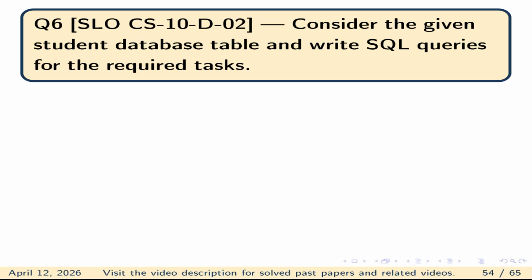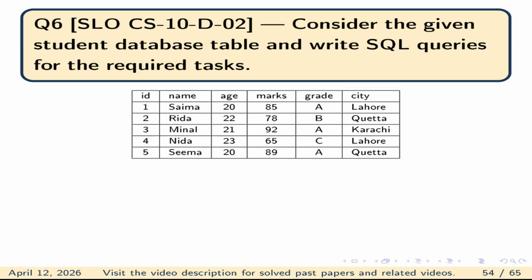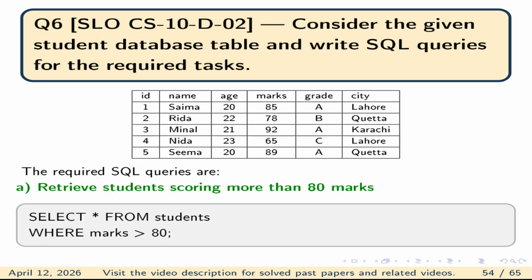Consider the given student database table and write SQL queries for the required task. For example, the table is given: ID, name, age, marks, grade, city. The required SQL query: retrieve students scoring more than 80 marks. आपने क्या करना है कि उन स्टूडेंट की लिस्ट चाहिए जिनके मार्क्स more than 80 होंगे, तो आपने लिखना SELECT asterisk, which means all the columns: ID, name, age, marks, grade, city.